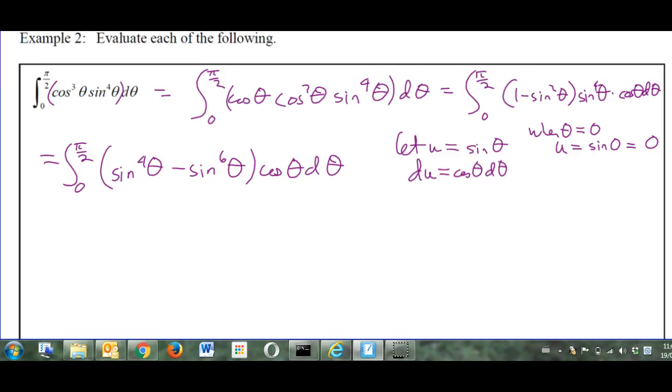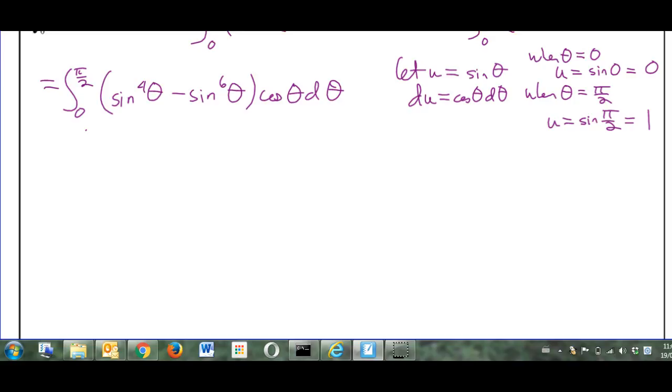And the upper limit, when theta is pi over 2, u is equal to the sine of pi over 2, which is 1. So now we switch everything from thetas to u's, including the bounds of the definite integral. So this becomes the integral from 0 to 1 of u to the 4th minus u to the 6th du.